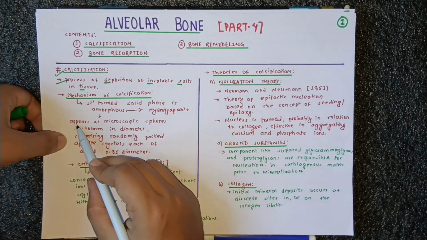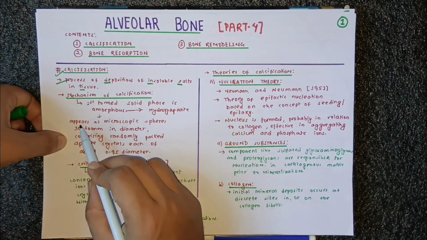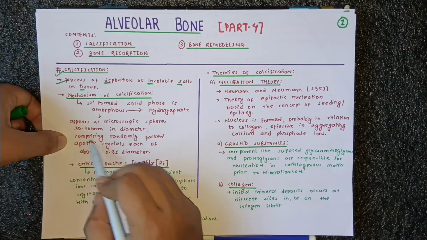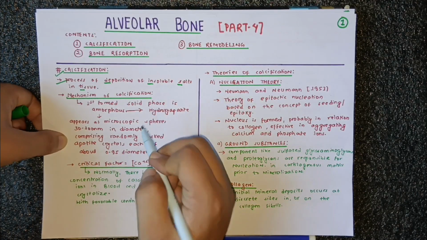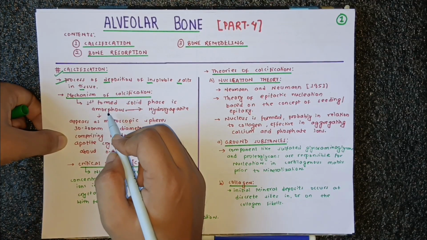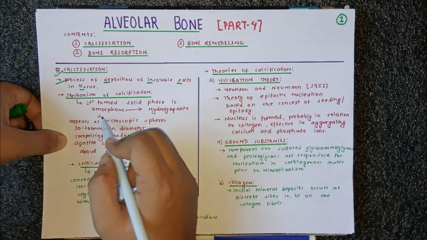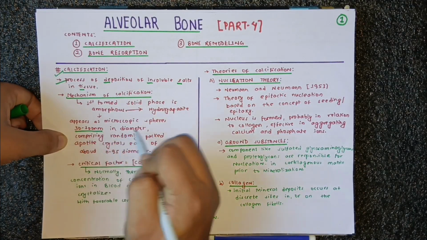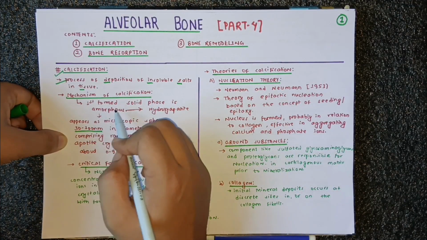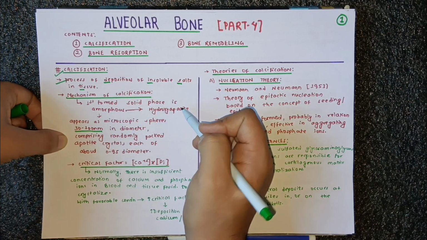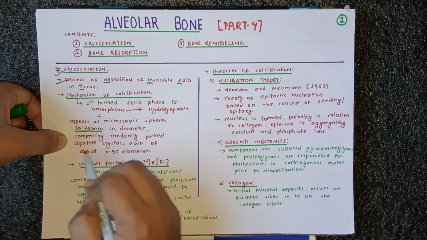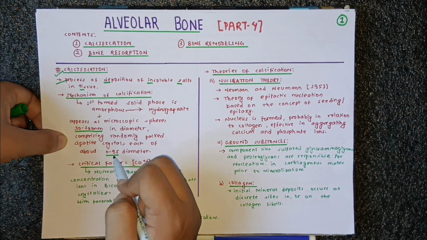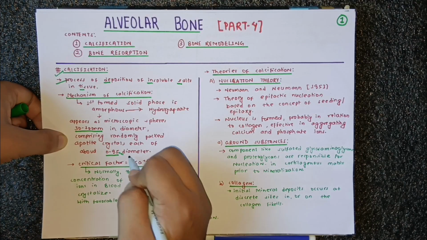In the amorphous phase, it appears under the microscope as microscopic spheres 30 to 100 nanometers in diameter, randomly packed. But when it changes to hydroxyapatite, we can see randomly packed apatite crystals, each of diameter 0 to 995 nanometers.